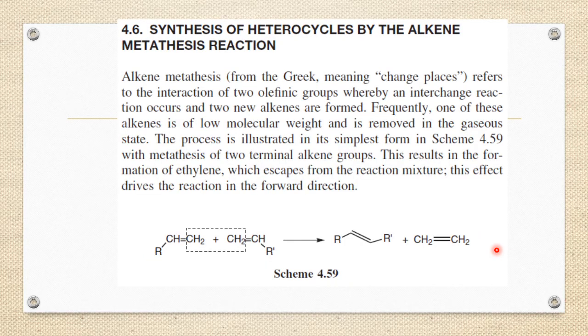Next one, and the last one, is alkene metathesis. I hope you must have learned alkene metathesis earlier. If not, we can look at it at this stage. Herein we find alkenes of lower molecular weight basically interact together and an interchange reaction occurs and two new alkenes are formed.